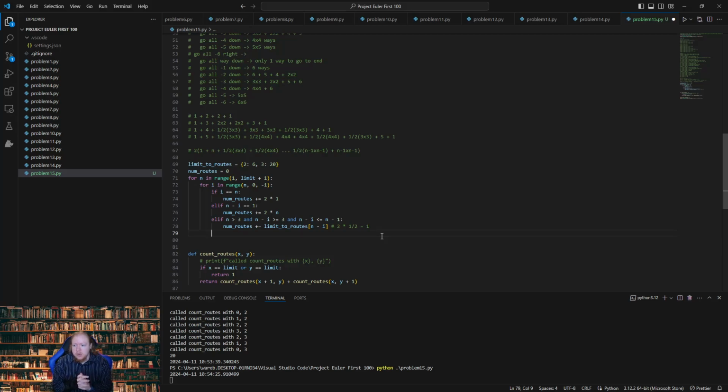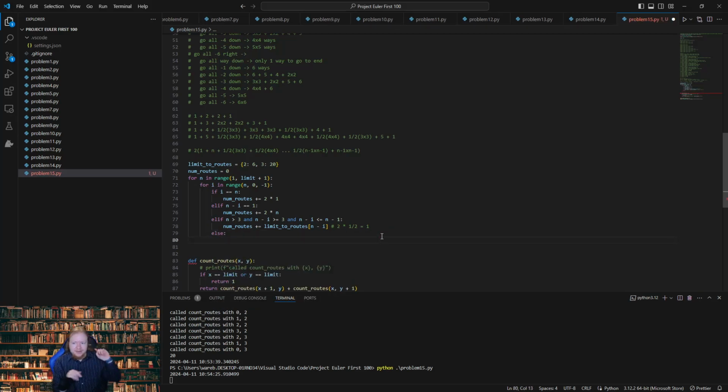Okay, so now at this point, when i is equal to 1 should be the only time when we get to this point. So I'm just going to write else, and we'll correct it if that ends up not being right.